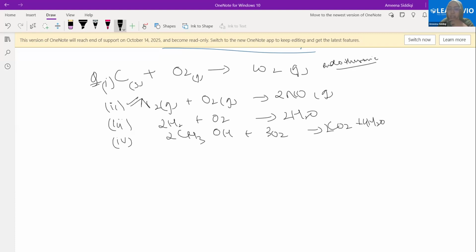Nitrogen plus oxygen to give you nitric oxide. This compound is nitric oxide. Not nitrogen dioxide, not nitrous oxide. This is nitric oxide. If you want to write it, please quickly write this down: although this is a combination reaction, it is endothermic in nature. Fine. I have one more question for you.